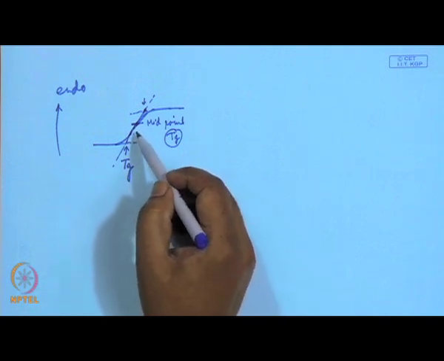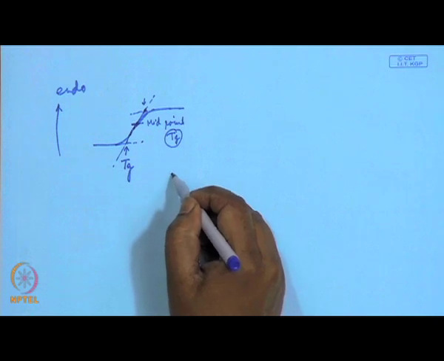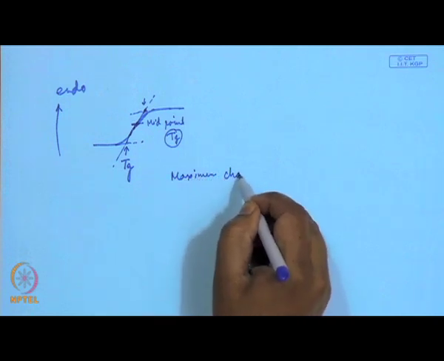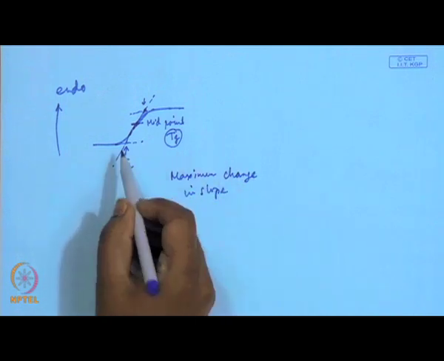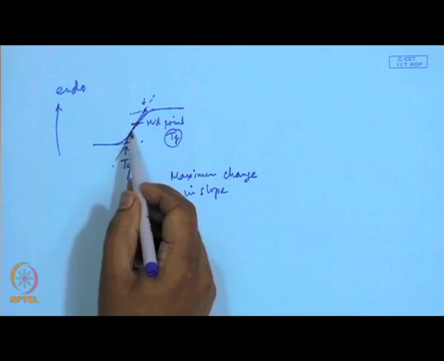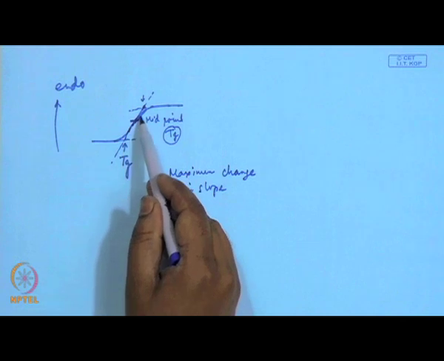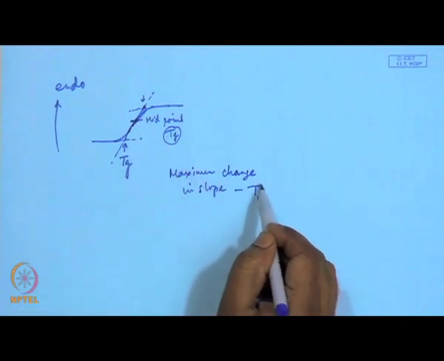and in some cases, the point where there is a maximum change in the slope during this entire temperature, the slope keeps on changing. So, the point where the maximum change in slope happens, some people consider that as the Tg.